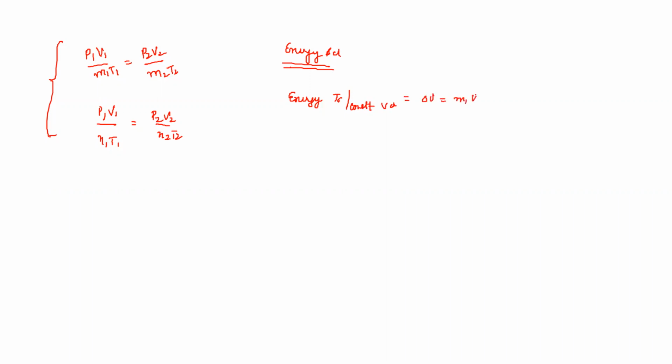That is M1 into specific internal energy minus M2 into specific internal energy, initial minus final. Then energy transfer at constant pressure is equal to the enthalpy difference, which is M1H1 minus M2H2. So this is what we discussed, and we discussed various problems based on these concepts, right?